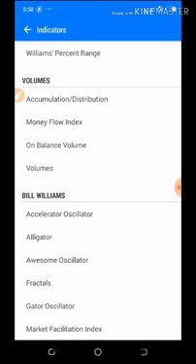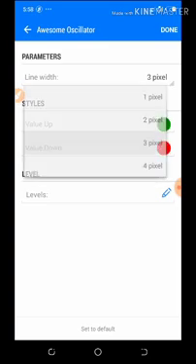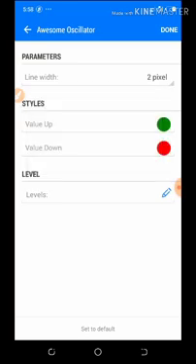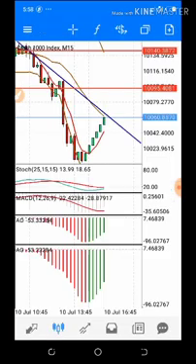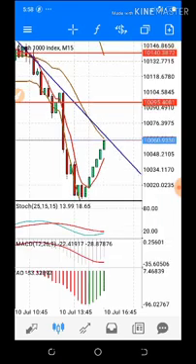Under Bill Williams, you find awesome oscillator. This is it, awesome oscillator. So just add it. You can just change the pixel, either to 2 or 3, then done. Let me close it back. Let me delete it because I already have one on my chart. So that's how it works.